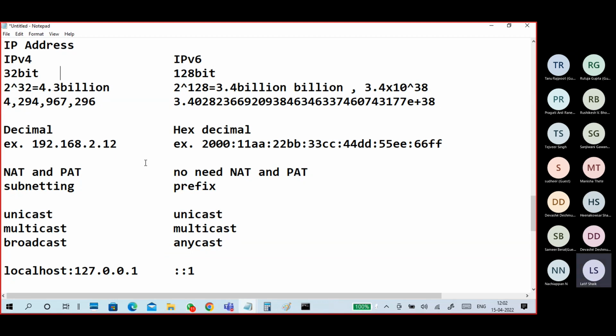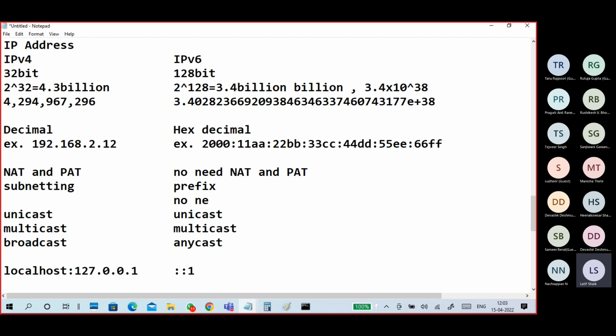IPv4 has unicast, multicast, broadcast. IPv6 has unicast, multicast, anycast.